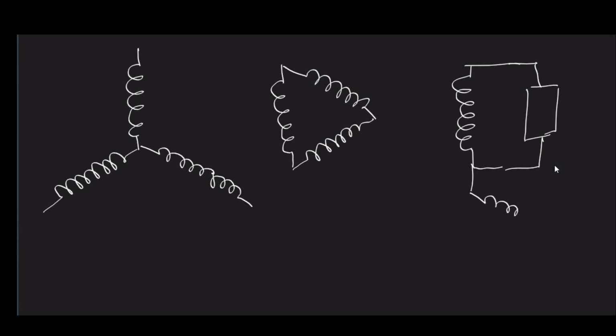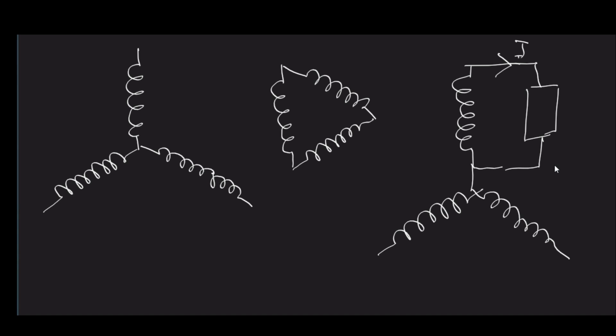For the sake of understanding, let us consider all these transformers have a 1:1 ratio. So if this current is I, then what would happen?